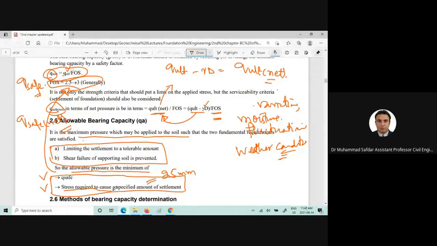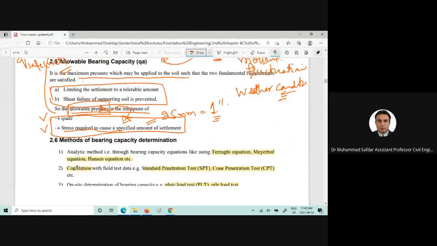So the stress required, or we can call that a stress which is required for 25 millimeter or 1 inch settlement. So the minimum of these two is known as the allowable pressure. Okay, the allowable pressure or the allowable bearing capacity is the minimum of these two criteria.